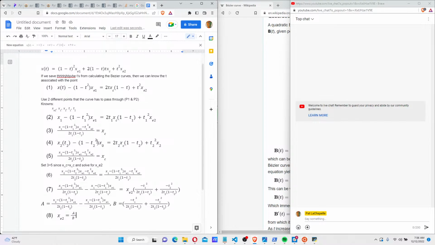So I have x sub e2, then plug 8 into 5 to get x sub c. Great. So I have some control points I want.